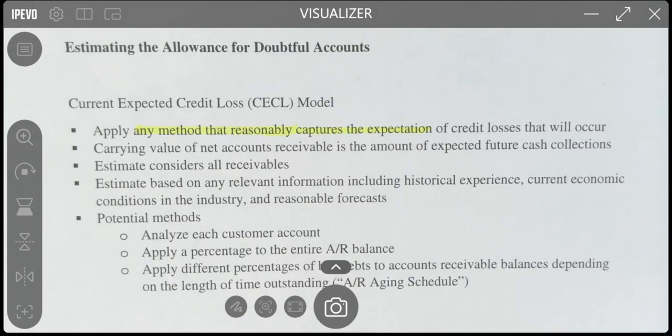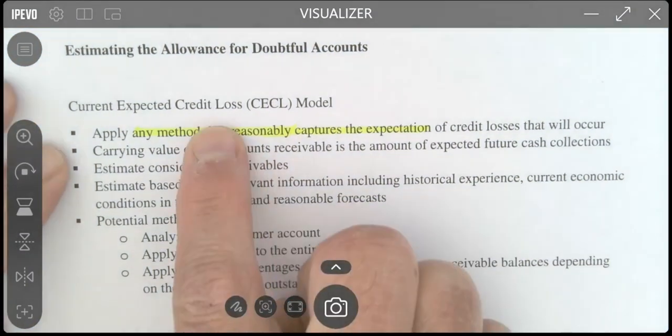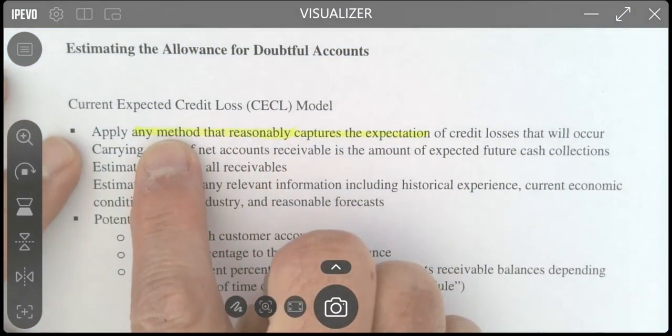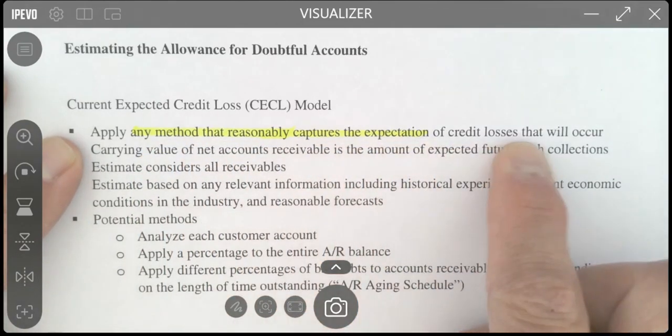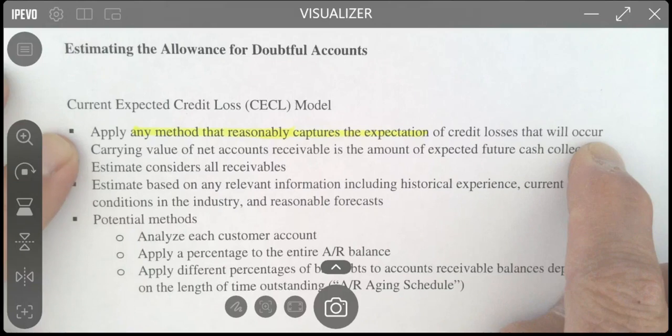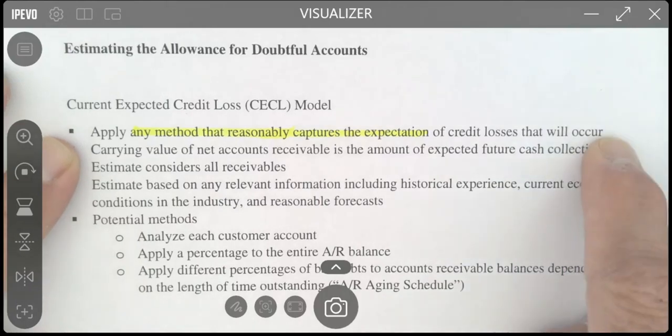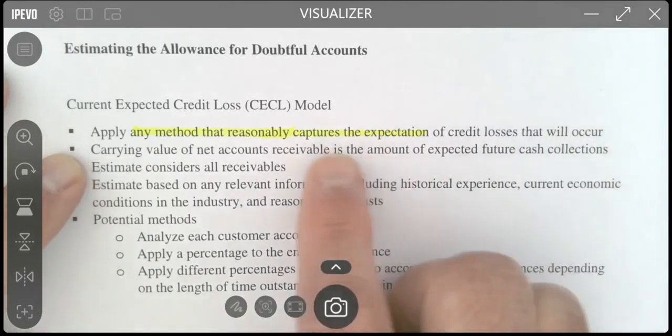We use the current expected credit loss model, which you'll hear called CECL when you're at your companies in the real world and at your CPA firms. The CECL method says that we apply any method that reasonably captures the expectation of credit losses that will occur. So in the Porter Consulting case, it was 10% of the remaining balance.